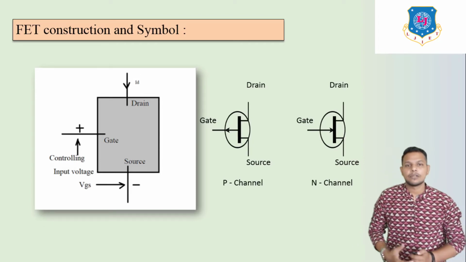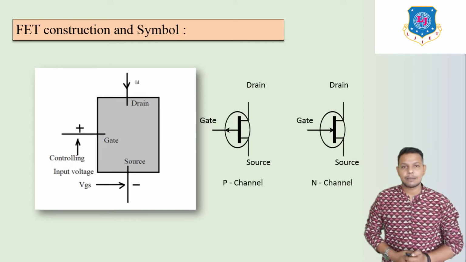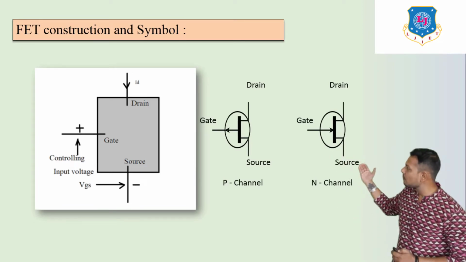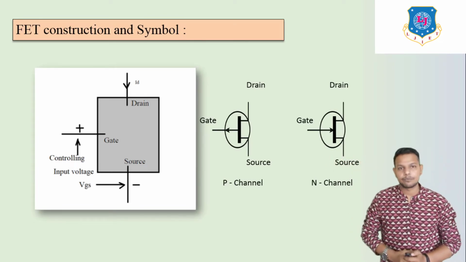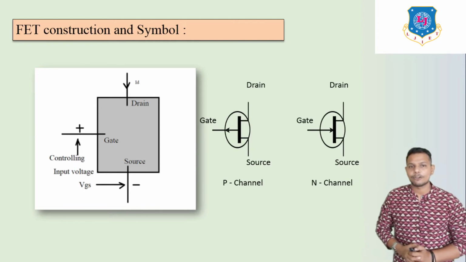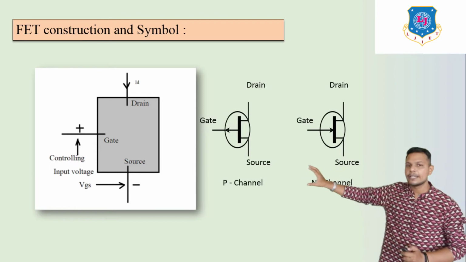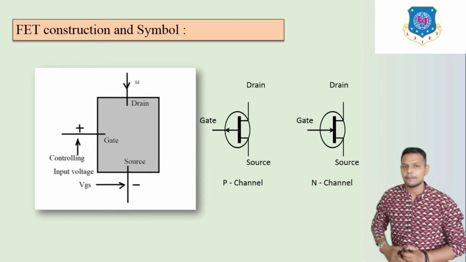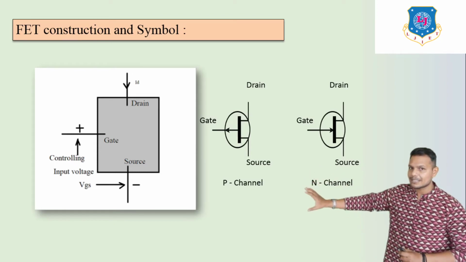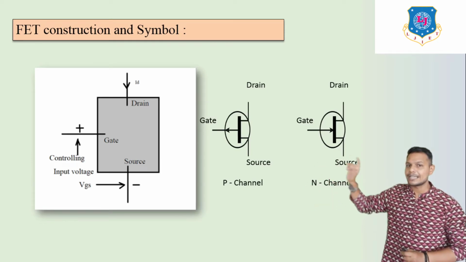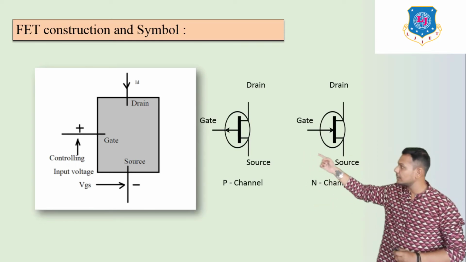Next we are going to discuss symbols. Here we can see the two symbols for FET. Here this is the N channel, and here this is the P channel. Let us discuss the P channel. Here the arrow indication is outward.